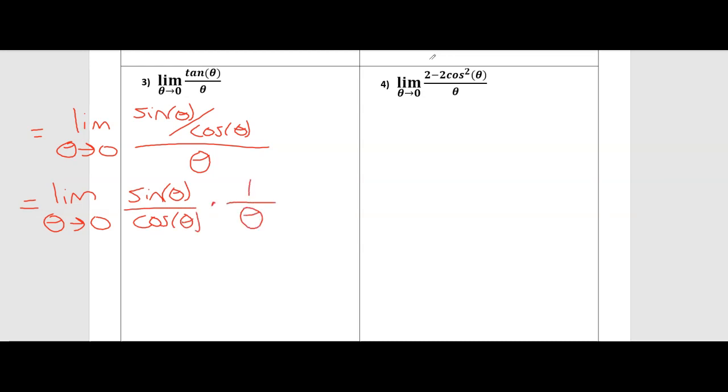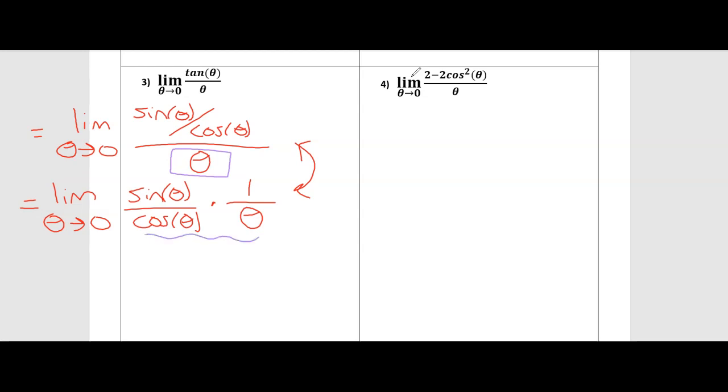If you're not sure why these are equivalent, take a second, go through the algebra of separating the fractions and then multiplying them together. The easy way is, remember, dividing by a number is the same thing as multiplying by the reciprocal, right? Which is what we did down here.